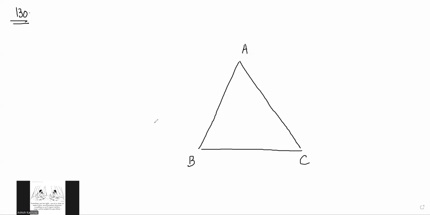DB perpendicular to AB. Yes, sir. This is the only way I think. Right. So what is the second way? And taking DB equal to DA and making it 90 degrees. That is the same thing.